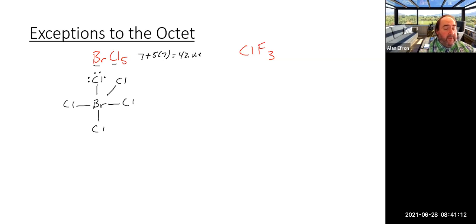We want to make sure that we complete the octet for all the outside ones first. So that's 2, 4, 6, 8, 10, 12, 14, 16, 18, 20, 22, 24, 26, 28, and 30 at that point.